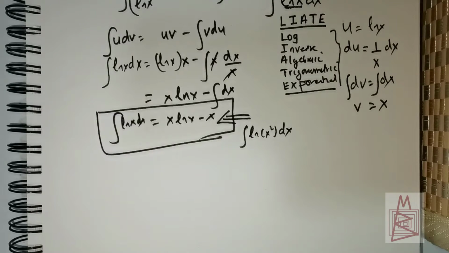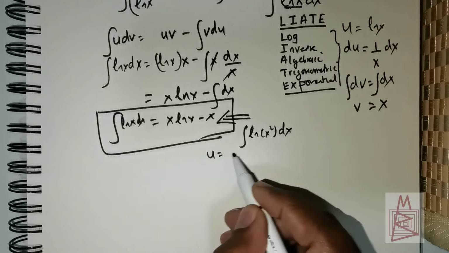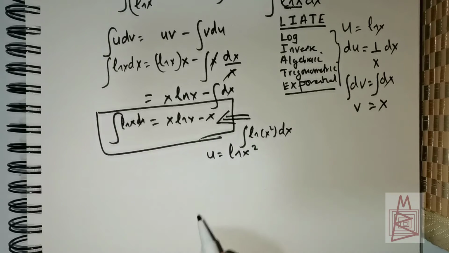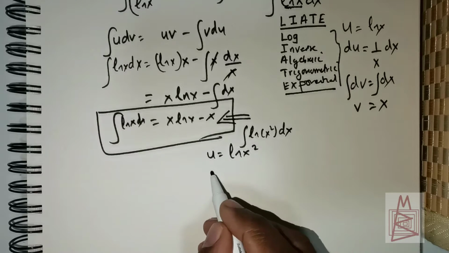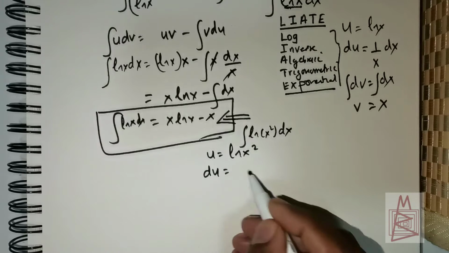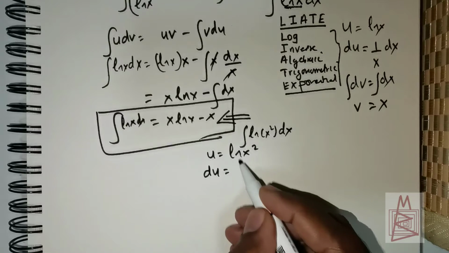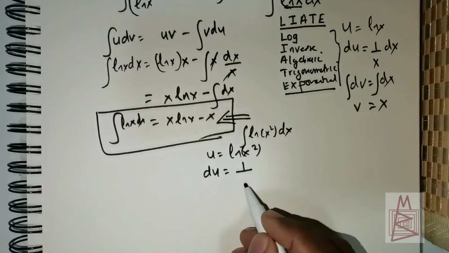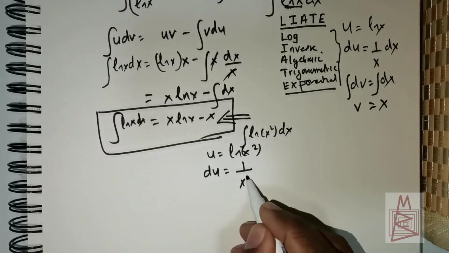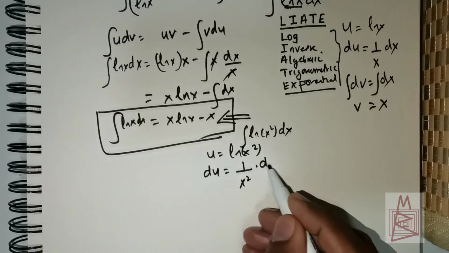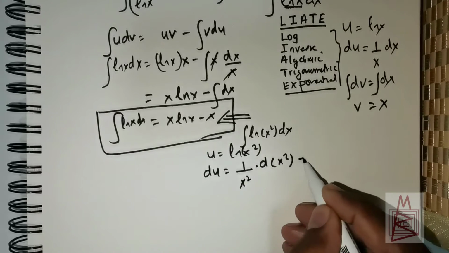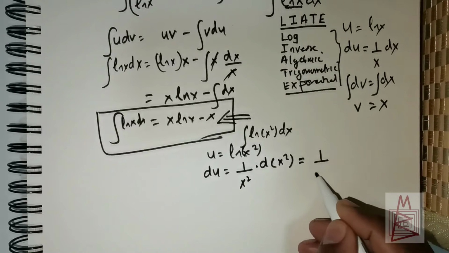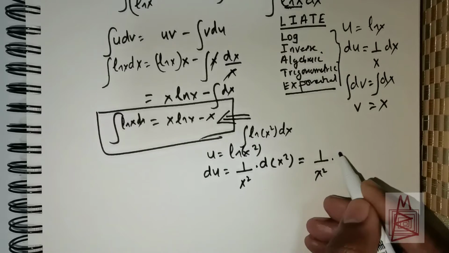There would be just one challenge: when we take u as ln of x squared, then when we differentiate u, which is du on the left, we have to differentiate ln of x squared. That's going to be 1 over x squared times the differentiation of x squared, which gives us 2x.